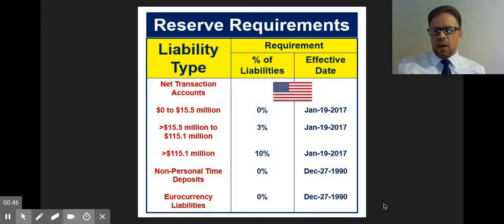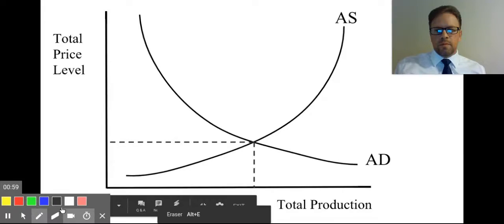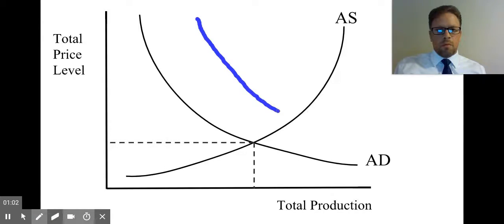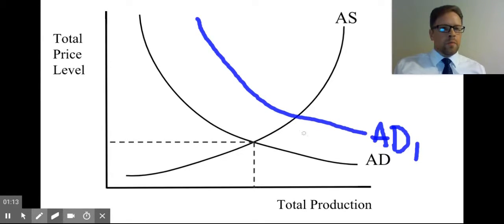Now, when the Fed lowers the reserve requirement, it causes the money supply to increase since banks have more funds available to lend. So again, when the reserve requirement is lowered, banks have more money to lend, so they lend money out to people.